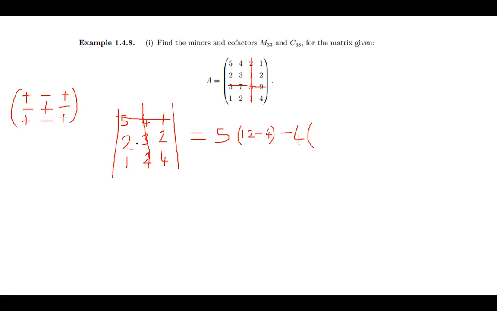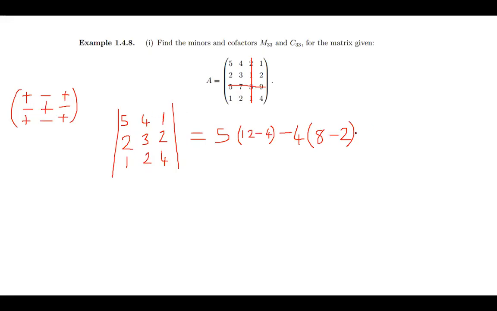So this is 2 times 4 there, I'll get 8. And then this 1 times 2, so minus 1 times 2, it's a determinant that we're finding, which is 2. And then I'll write finally my 1 there.